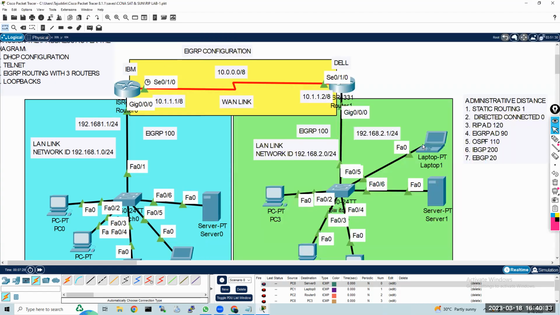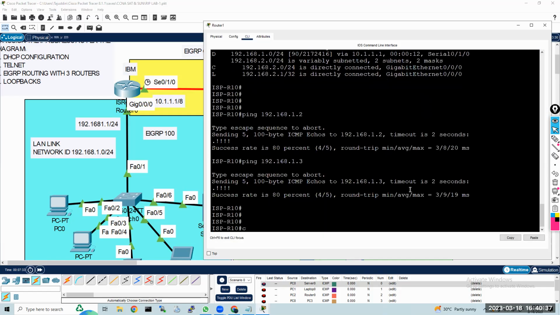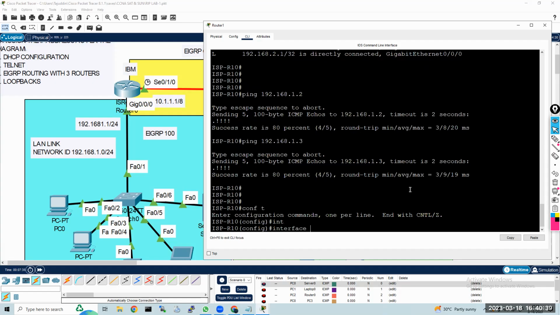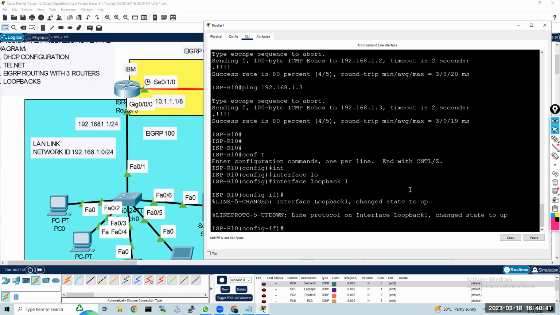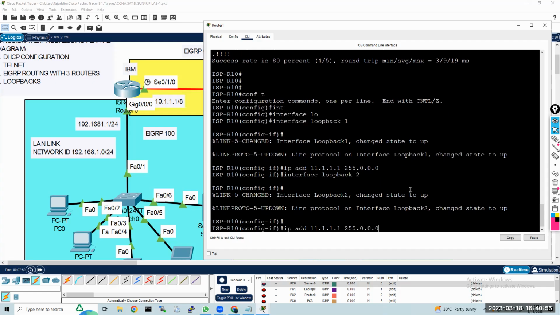So what if I create some loopbacks here? Let's create some loopbacks. Config t, interface loopback 1. Let's give this IP address, for example 11.1.1.1 with mask 255.0.0.0. I will create one more loopback, and give this 12.